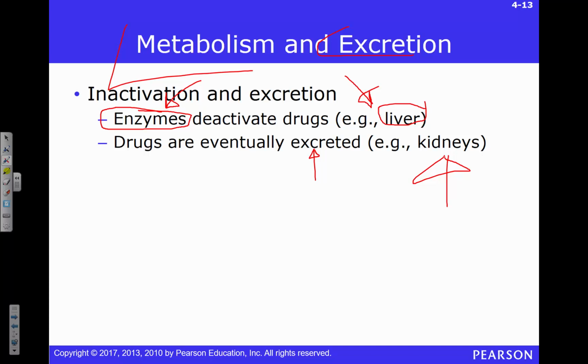So we need something that's not lipid soluble, so it'll be contained in your kidneys, and we can actually excrete that and get that out of your body. So, any questions about that?